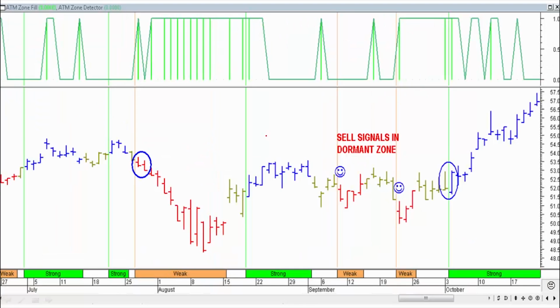What this helps you do is take the good trades. So you have sells with a hyperactive zone, you take the trade, but you don't take the sells over here because you have them in a dormant mode. So if the zone is dormant, you avoid the sell signals.